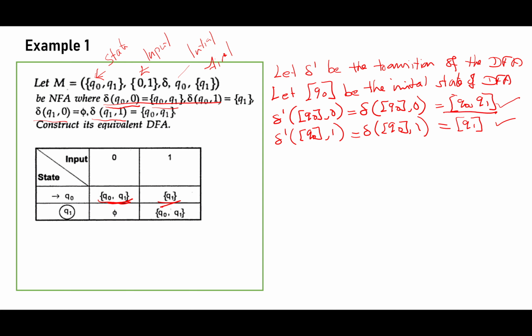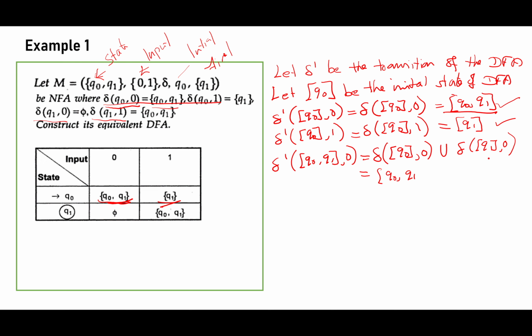First we will find for q0 q1. Delta dash of (q0 q1) comma 0 can be written as delta of q0 comma 0 union delta of q1 comma 0. What is delta of q0 comma 0? It is q0 q1.